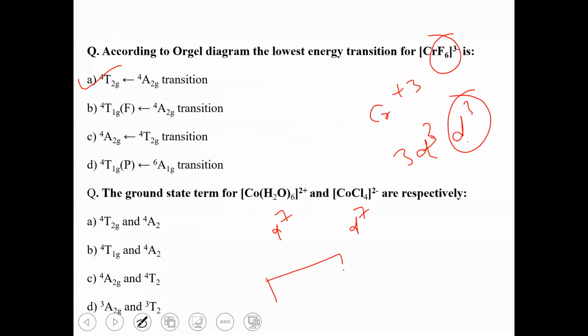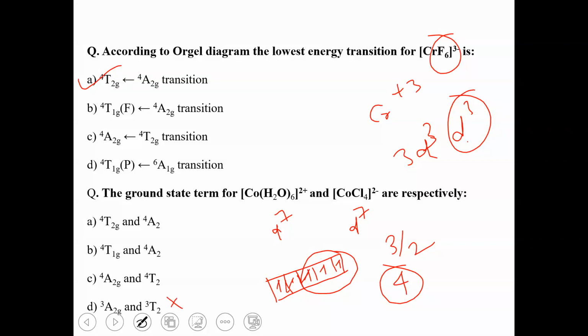If I fill the electrons, 3, 4, 5, 6, and 7, here you can see the spin will be 3 by 2 and the spin multiplicity will be 4. So in both cases the spin multiplicity will be 4. Since it is a d7 system, this will be the incorrect one.